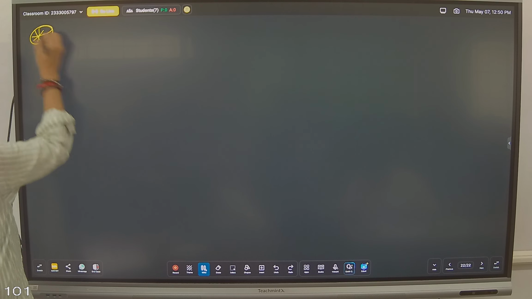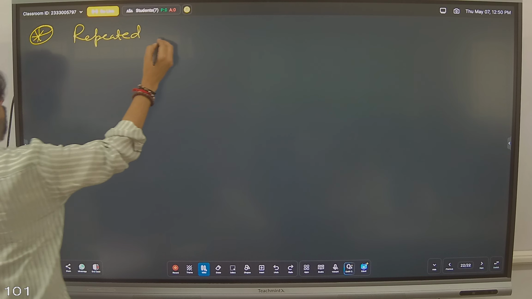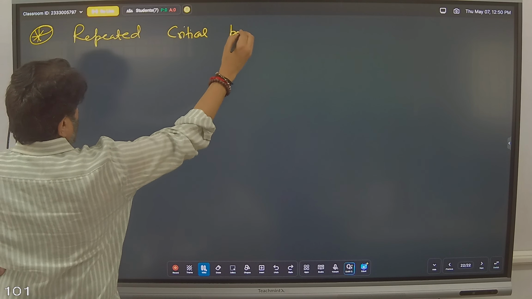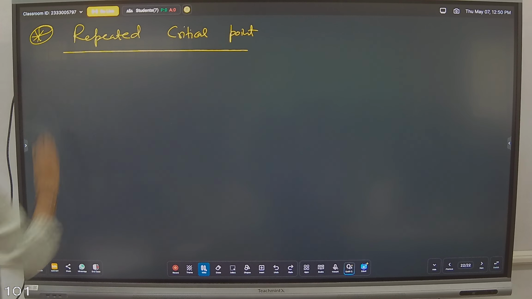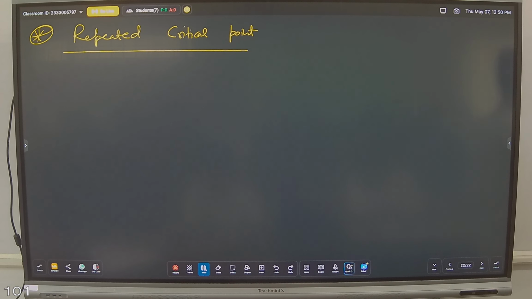Now give the heading: Repeated critical point. Write down this.